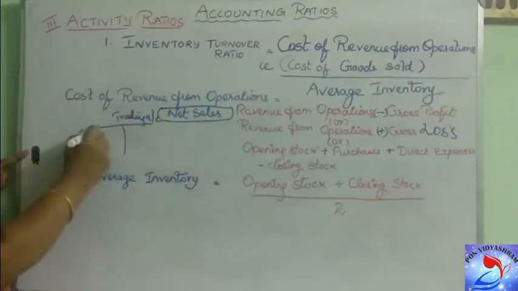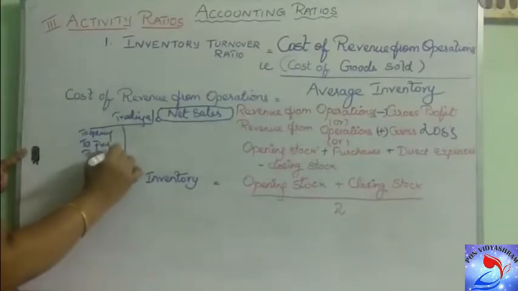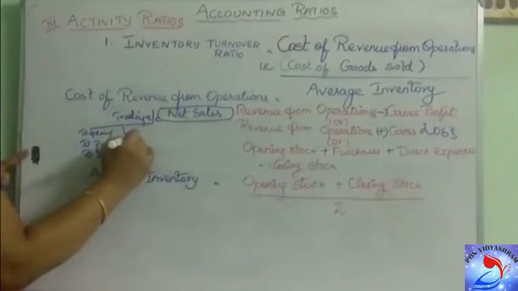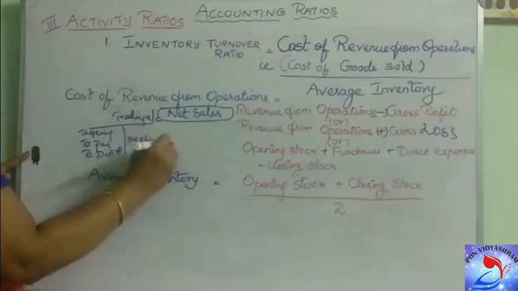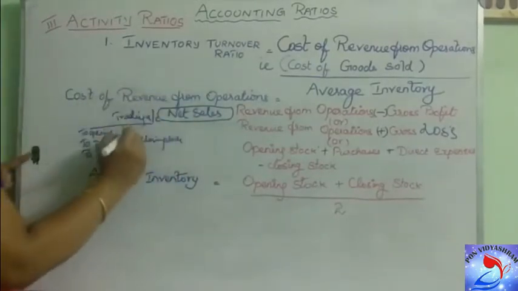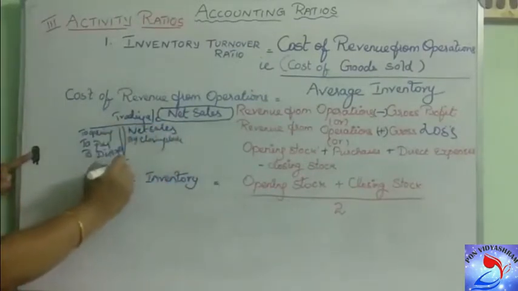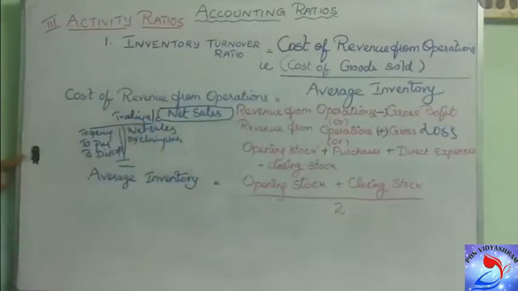We have opening stock, purchases, direct expenses, and then minus closing stock. If you add all this and subtract the closing stock, you get the cost of revenue from operation.